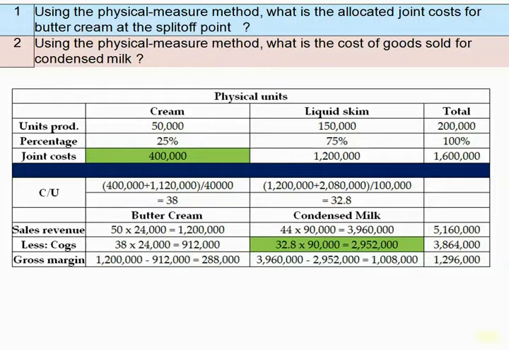Gross margin equals 1,200,000 minus 912,000 equals 288,000. For condensed milk, 3,960,000 minus 2,952,000 equals 1,008,000, with total gross margin 1,296,000. So the answer of requirement number 2 equals 2,952,000.